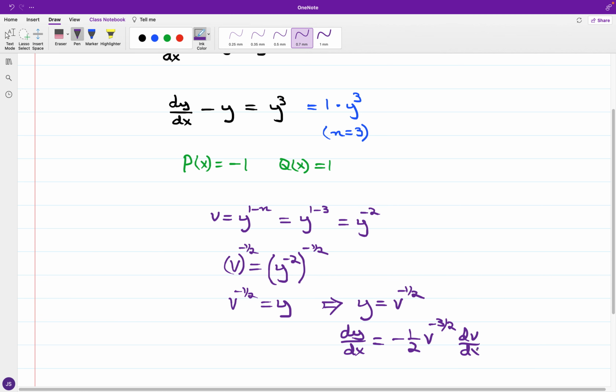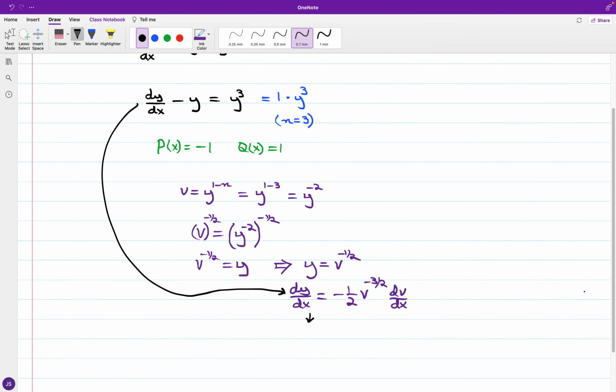And for what I have replacing dy over dx in this equation in terms of the substitution variable, we have for dy over dx, -1/2 of v to the -3/2 dv over dx.